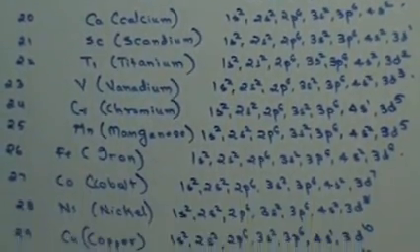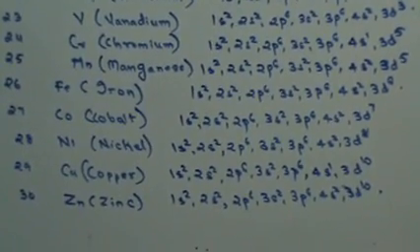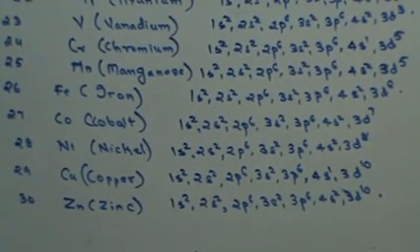Now you have electronic configuration. I've already taught you the Aufbau principle. First 30 elements also I've taught you.